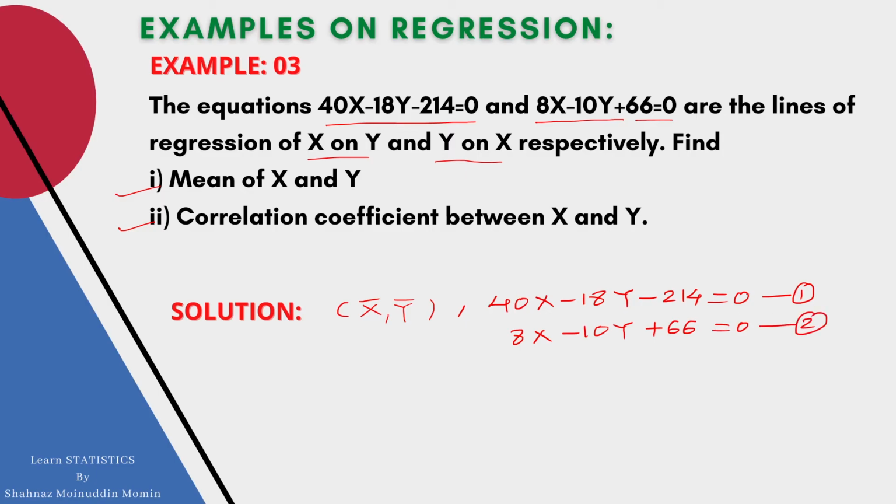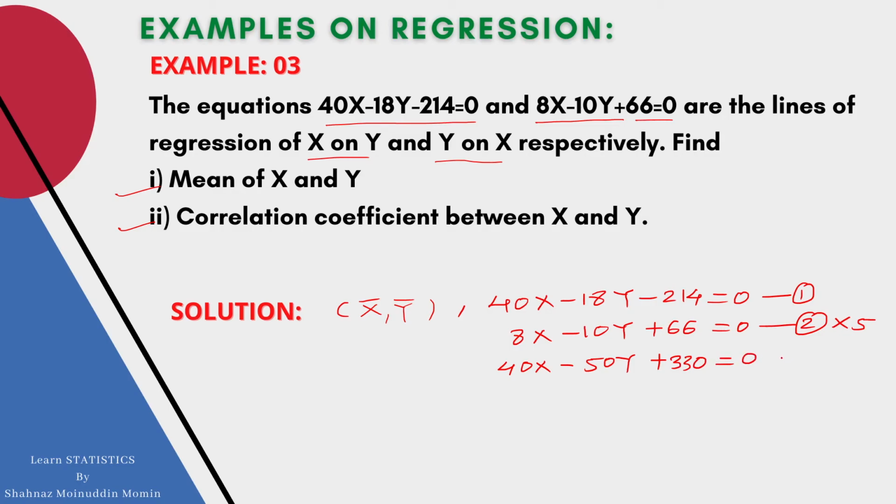In order to solve equations 1 and 2 simultaneously, let us multiply equation 2 by 5. So it will become 40x minus 50y plus 330 is equal to 0.